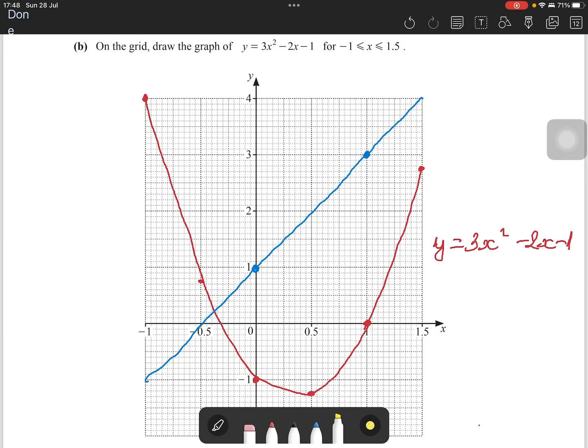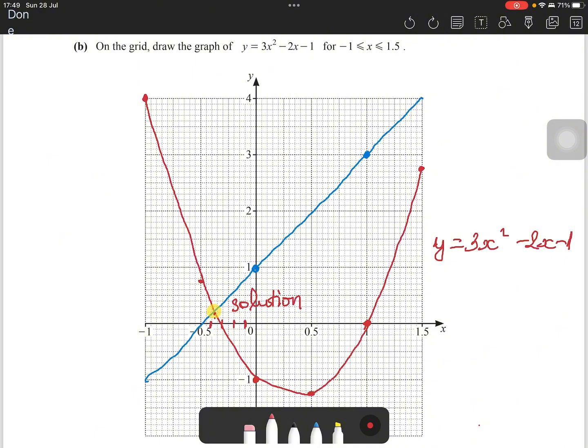So we see that the blue line cuts the red line at this point. So this point is actually the solution of the equation. And we see that this is negative 0.1, negative 0.2, negative 0.3, negative 0.4.